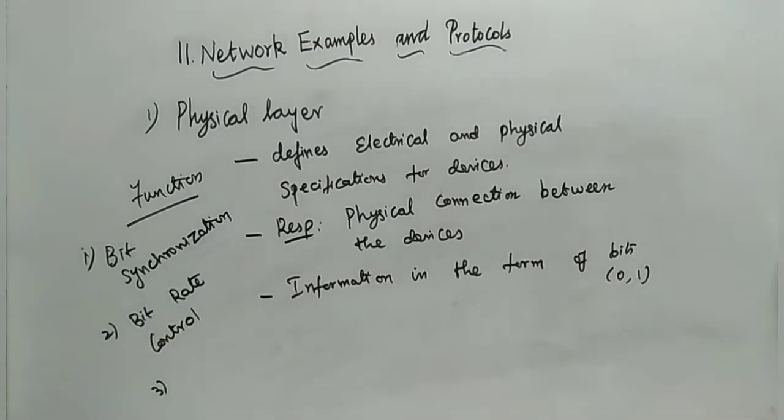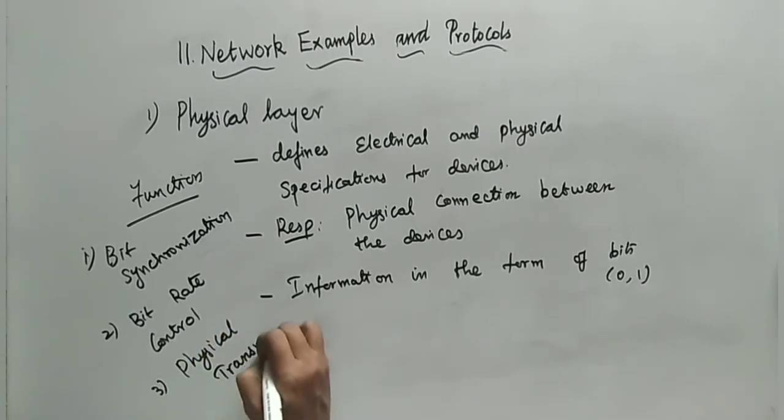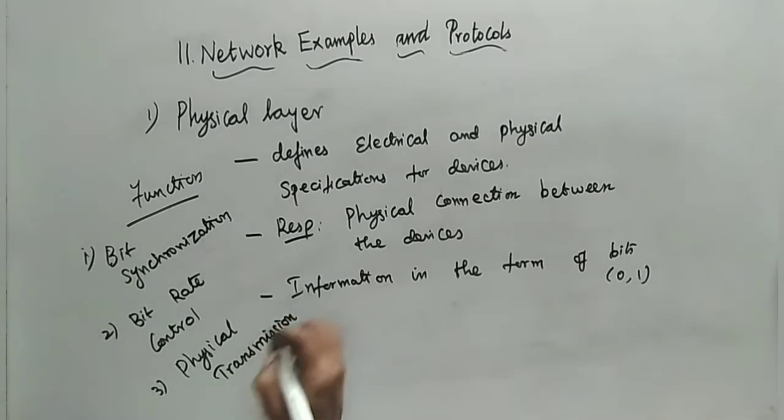And the third function is physical transmission mode, it is going to control the physical transmission mode. So these are the three functions of the physical layer: bit synchronization, bit rate control, and physical transmission mode. This physical layer is your first layer.